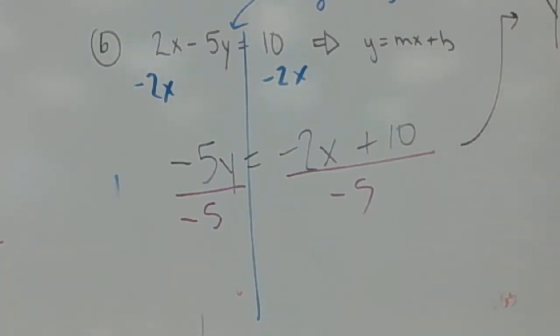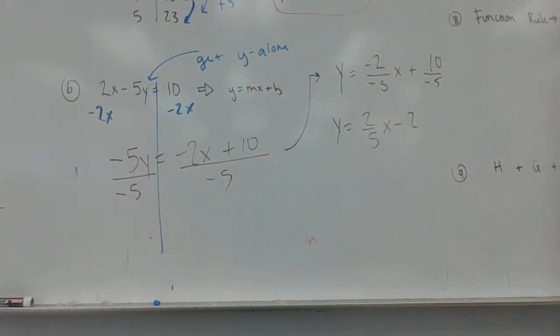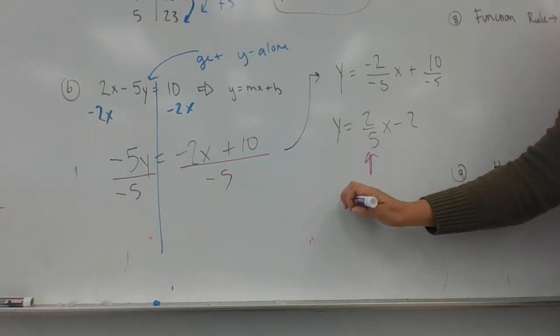So y equals negative 2 over negative 5x plus 10 over negative 5. Y equals 2/5 x minus 2. Now the equation is rewritten, so I can say with confidence that the slope is 2 over 5.